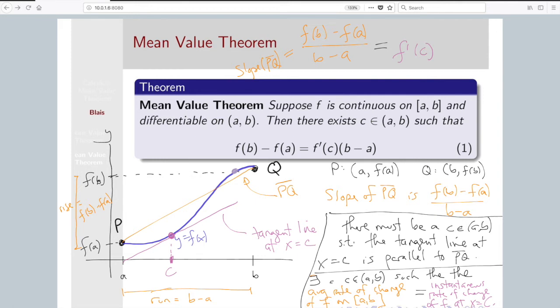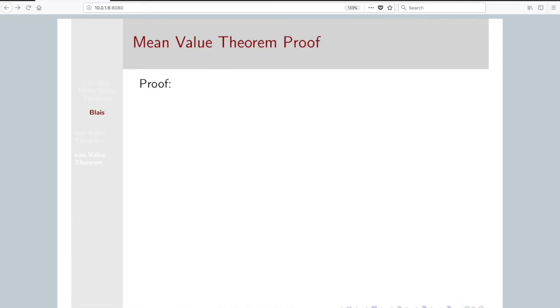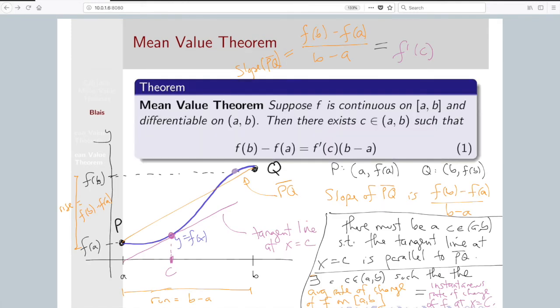Now, how do we prove this? We take the following approach. Let's give the equation of the line. This line PQ is the line that goes through the point A, f of A, and it has a slope.